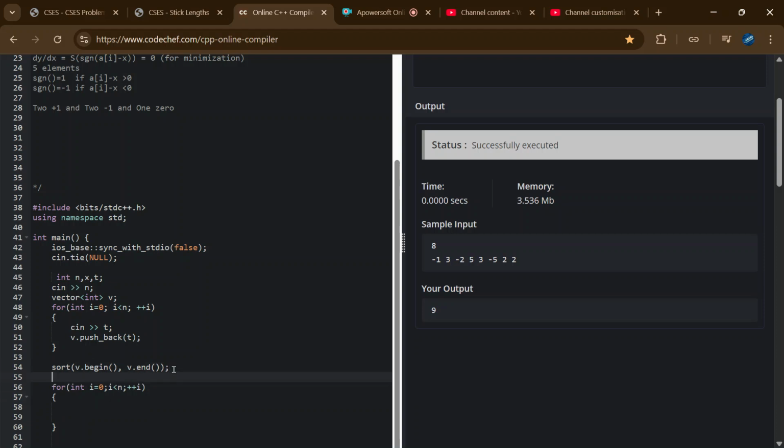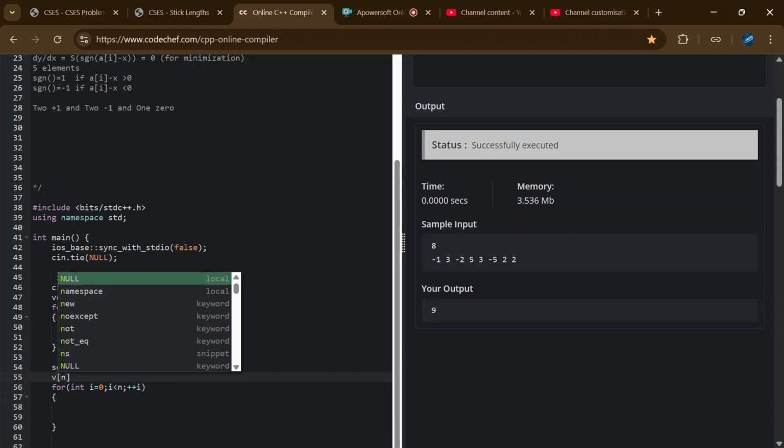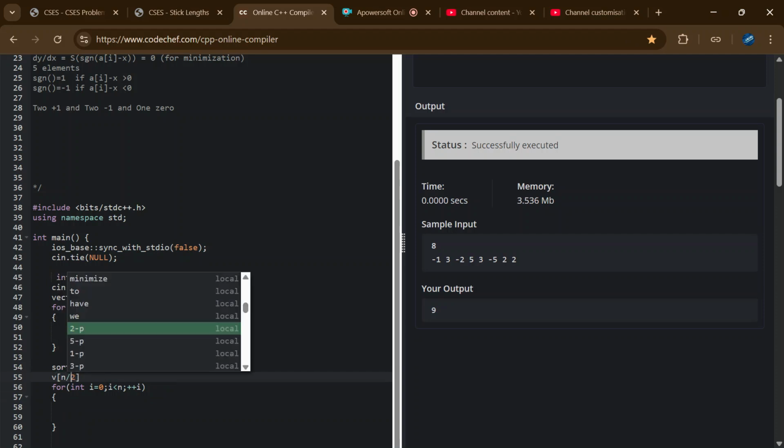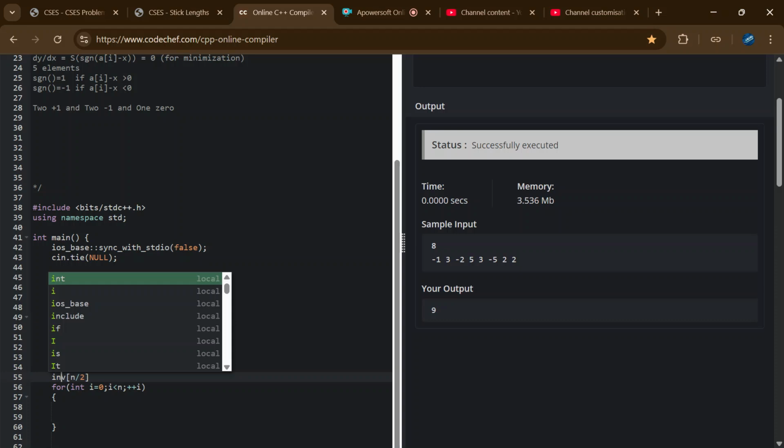Now I need to find n by 2, v of n by 2, that would be our median.